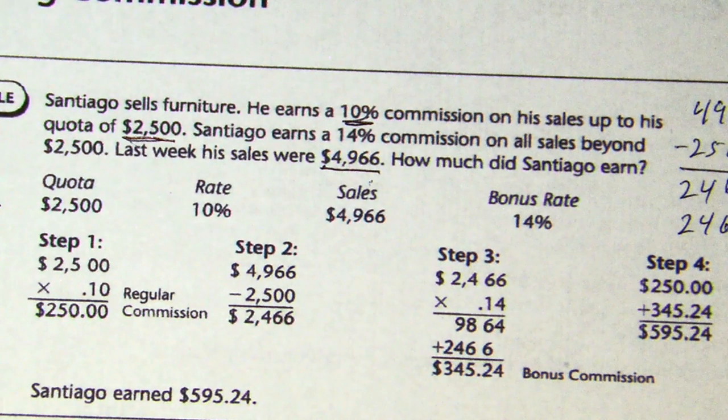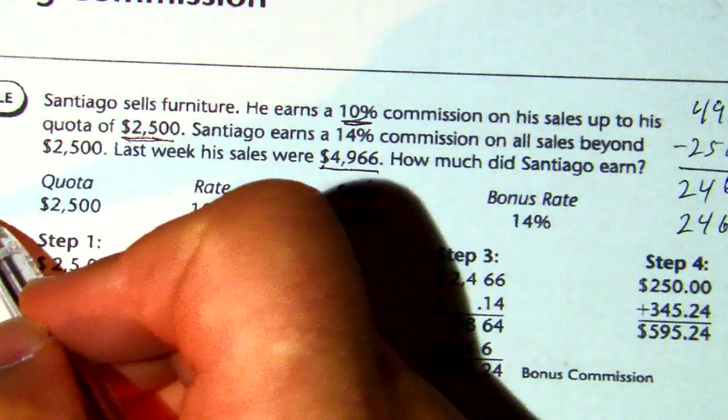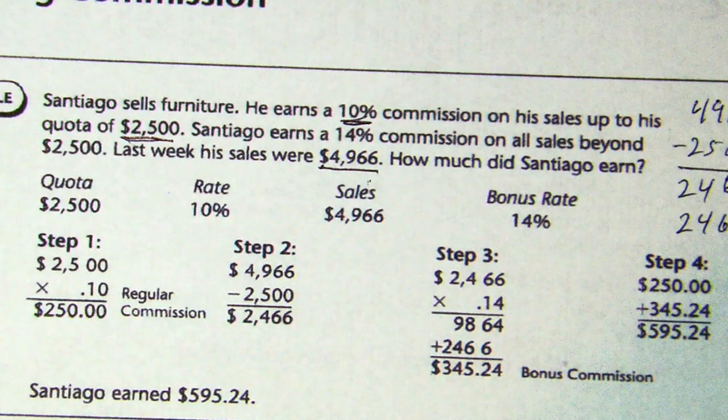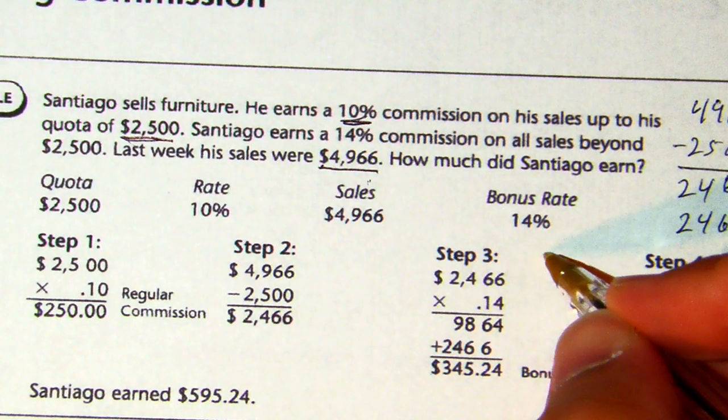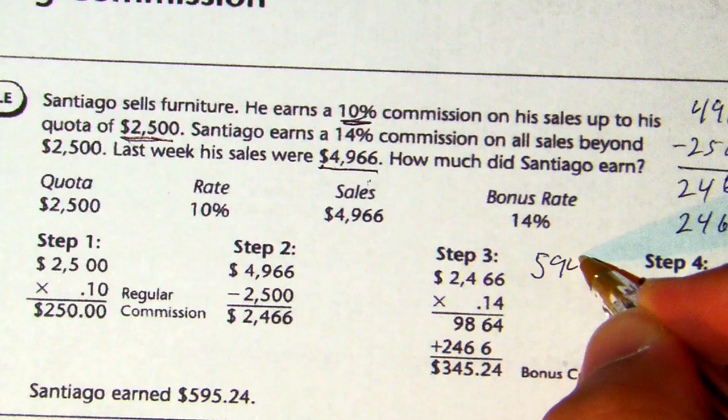Okay, and you're going to add these up. $344.40 plus the 250, you get $594.40.